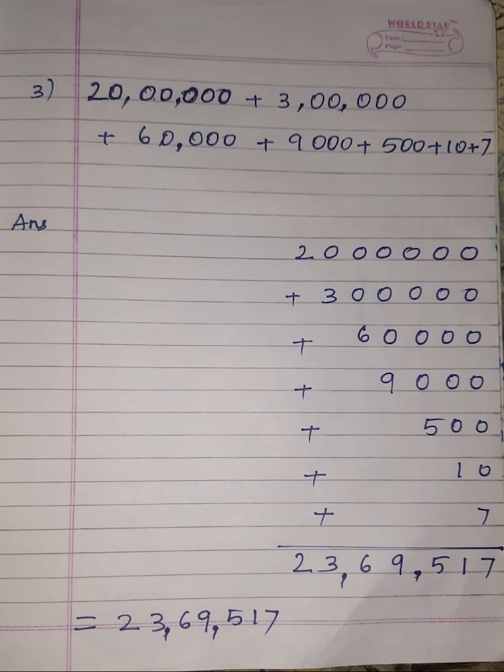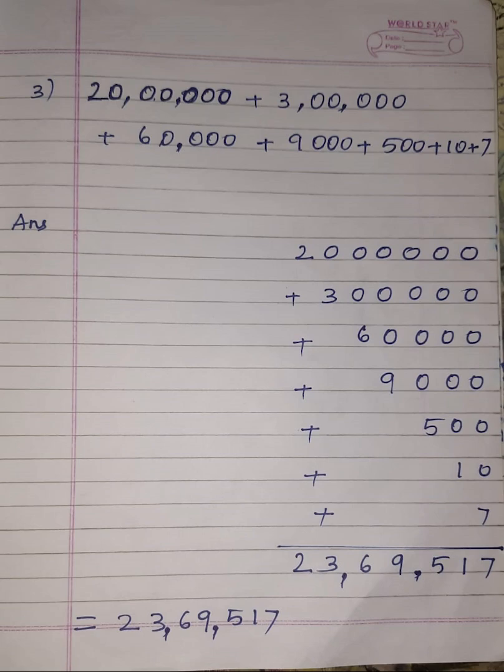Followed? Now children, our next sub-question is: the number given in the expanded form is 20 lakhs plus 3 lakhs plus 60,000 plus 9,000 plus 500 plus 10 plus 7. This is the question given to you. As I've told you earlier, you will not write the direct answer since you tend to make mistakes. So in your notebook on the right hand side, you will start writing the numbers one by one, maintaining gaps between the digits.